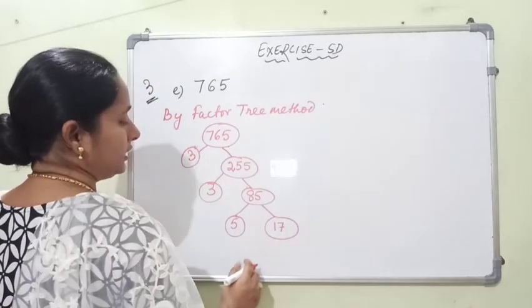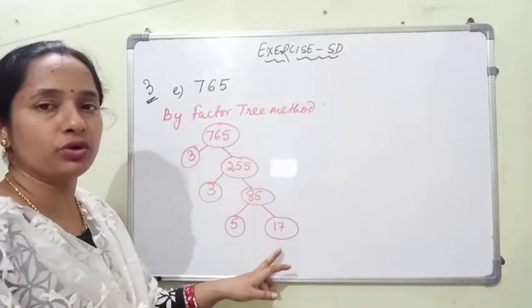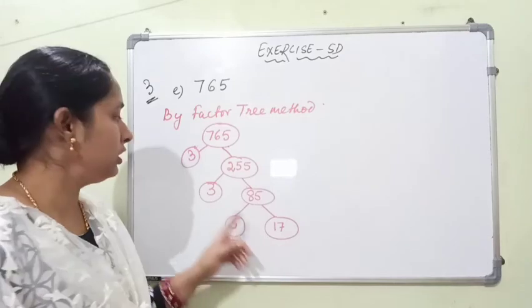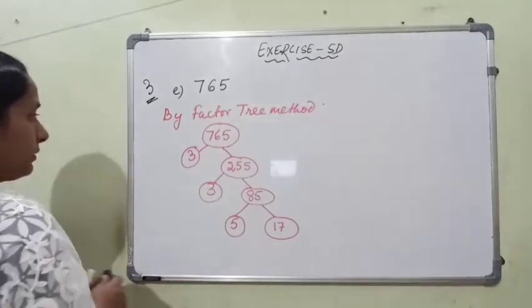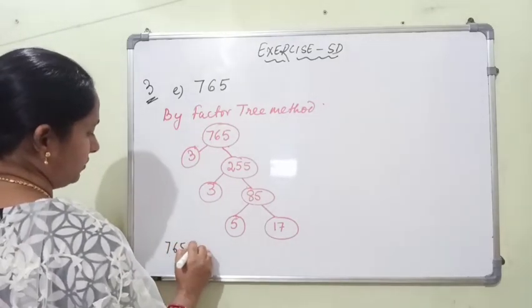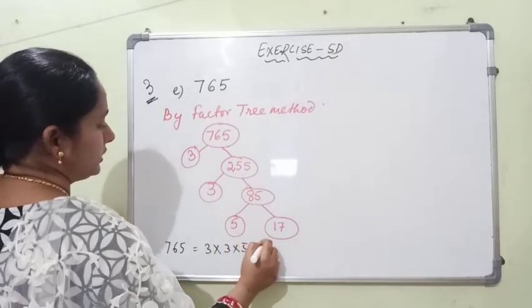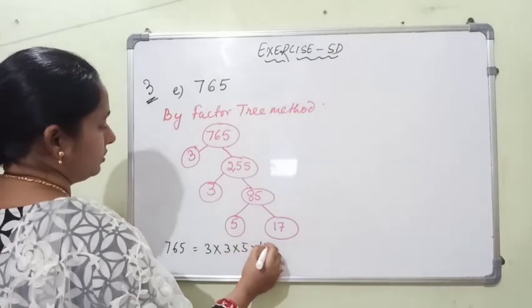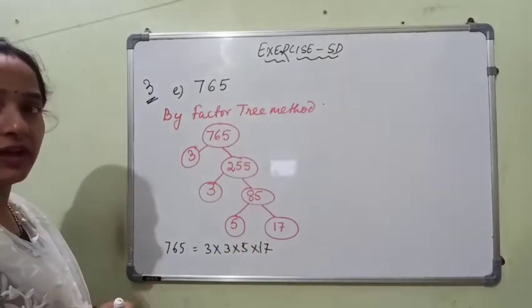Now 17 itself is a prime number. It has factors only 1 and 17 itself. So the prime factorization is done. 765 can be written as the product of 3 into 3 into 5 into 17. So our prime factorization is done with the help of the factor tree.